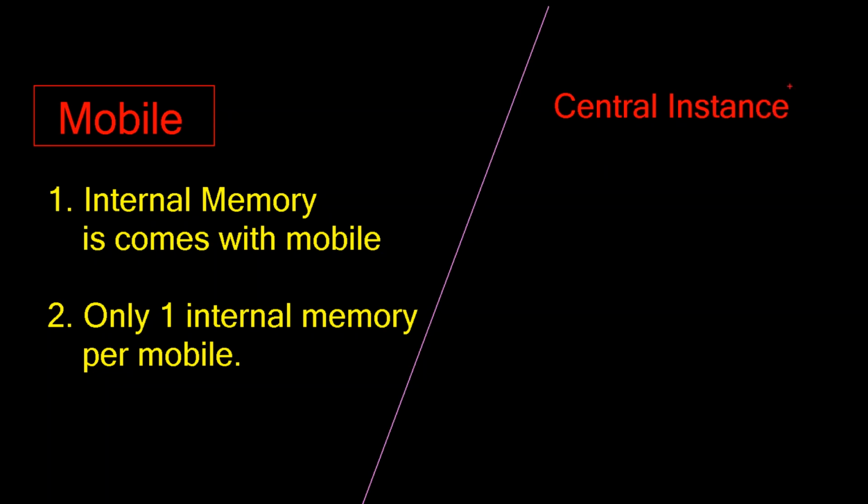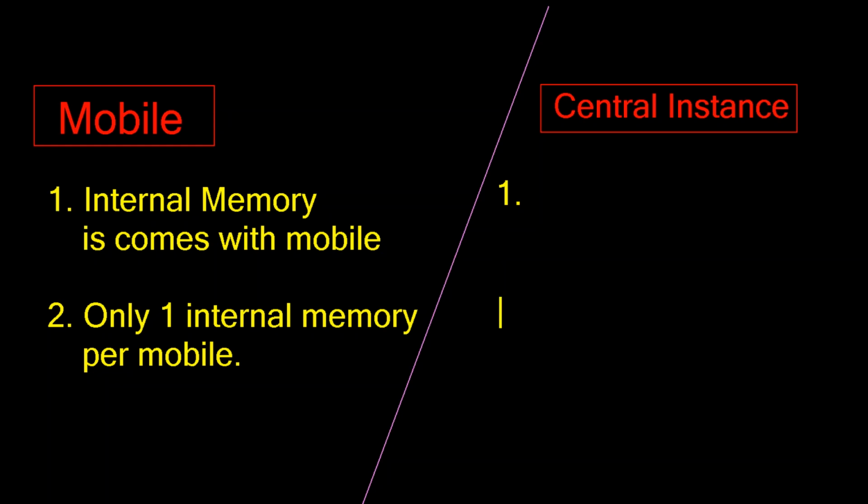The first point is whenever we install SAP, by default the central instance is automatically created. It means the central instance comes with SAP whenever we install SAP. That is the first point.